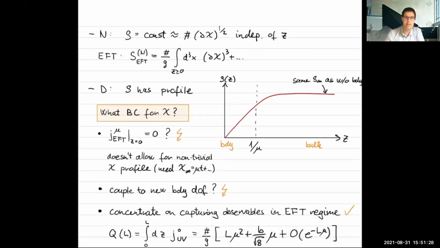So the EFT is not resolving distances of order 1 over mu. The important thing was that this is not an order 1 distance from the boundary. This is an order 1 over mu distance from the boundary. So all that the EFT sees is kind of a delta function, a cartoon of what the true UV profile is.